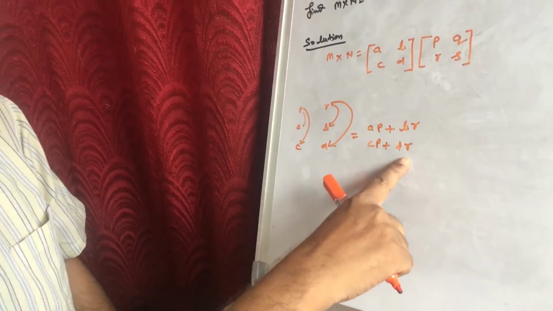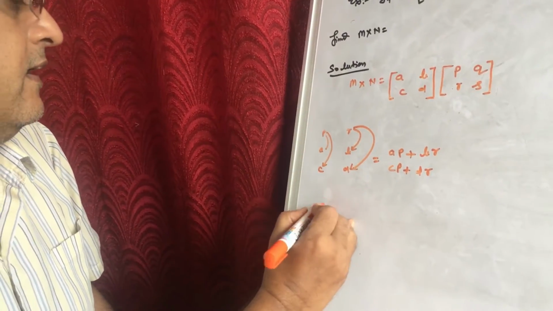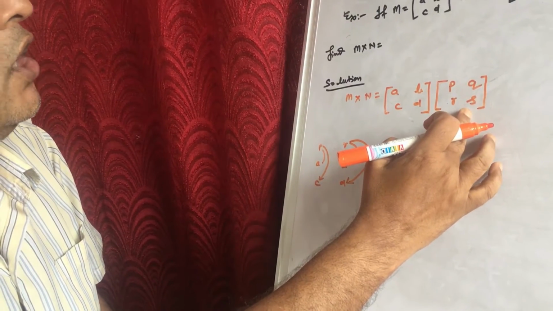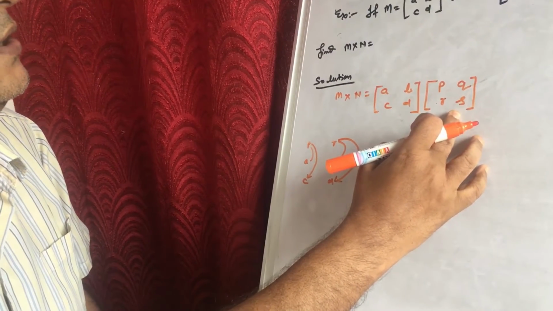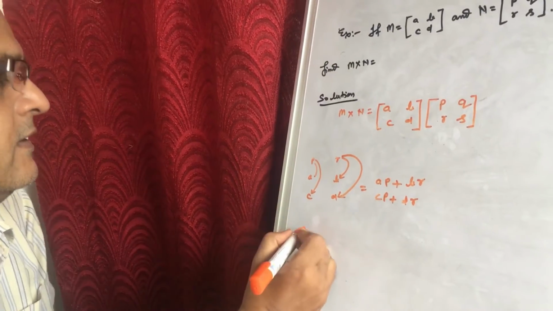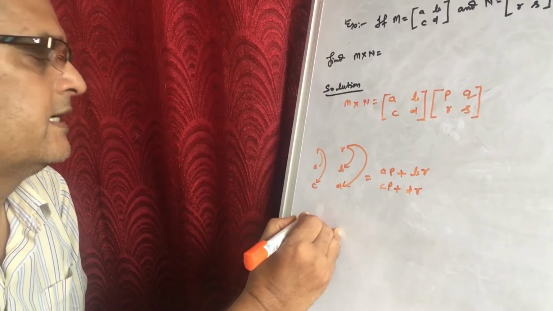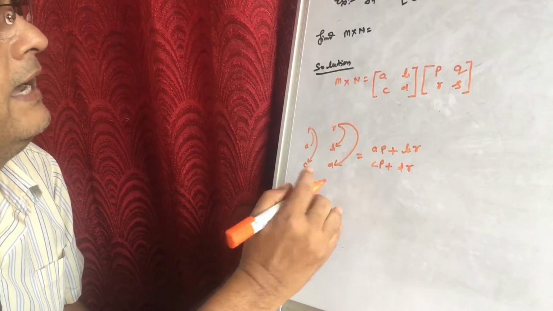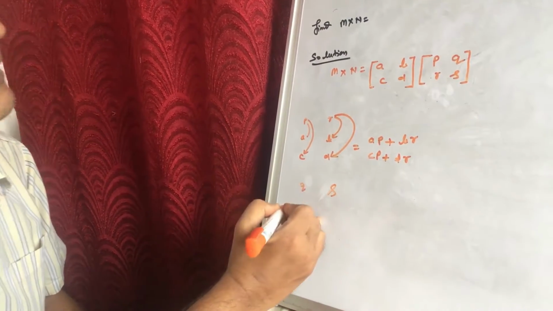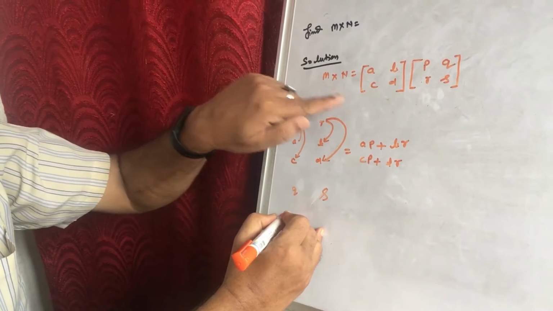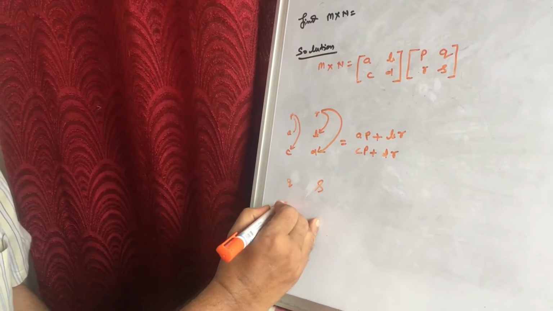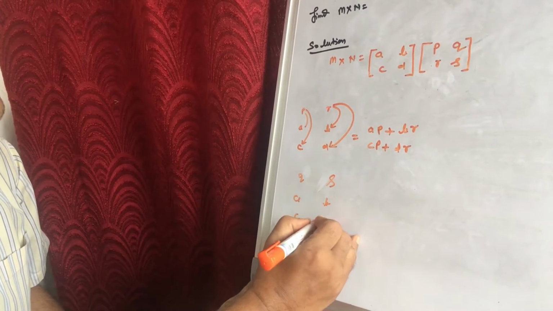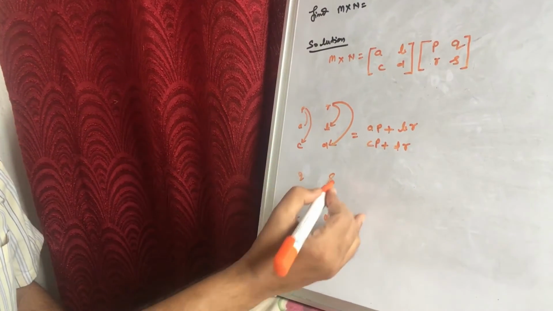Okay? Similarly, I have to take the second column of matrix N. Second column is Q and S. And I have to write the first matrix, that is A, B, C, D. Then what I have to do?